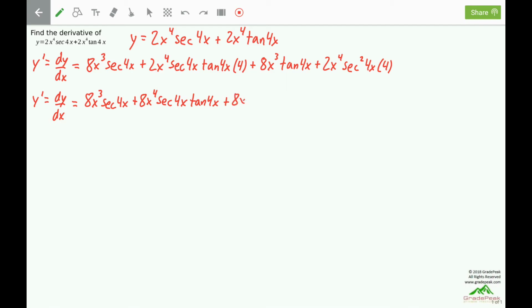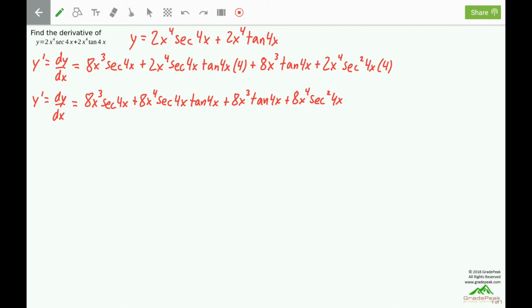The third term I'm going to leave as is, 8x cubed tangent 4x. And then that fourth term, bringing the 4 out to the front, will give us 8x to the fourth secant squared 4x.